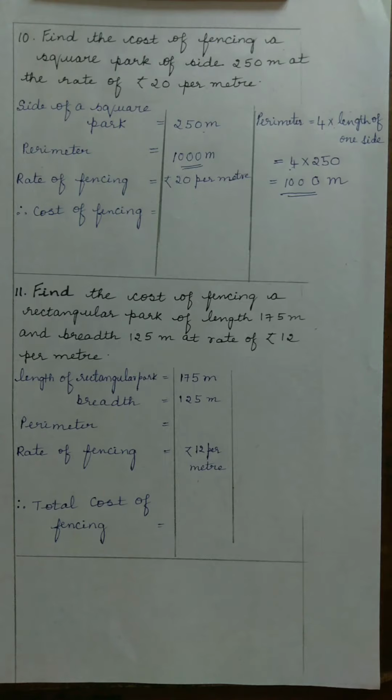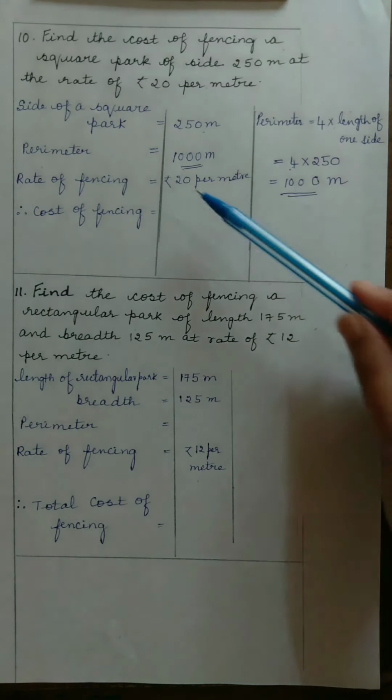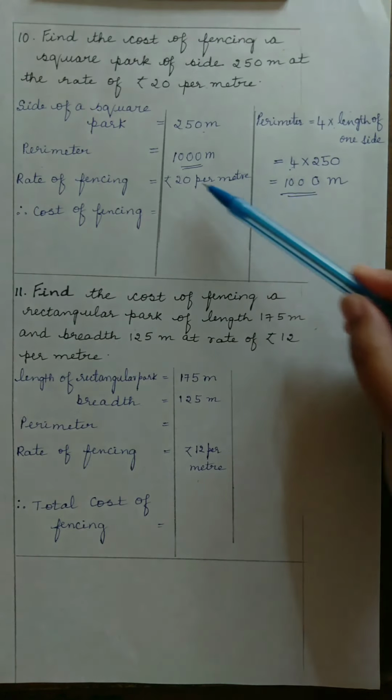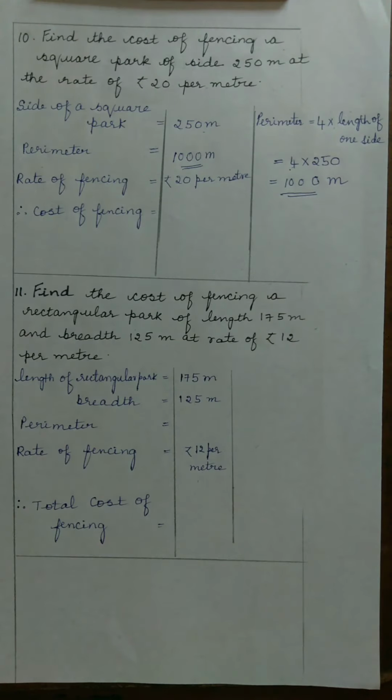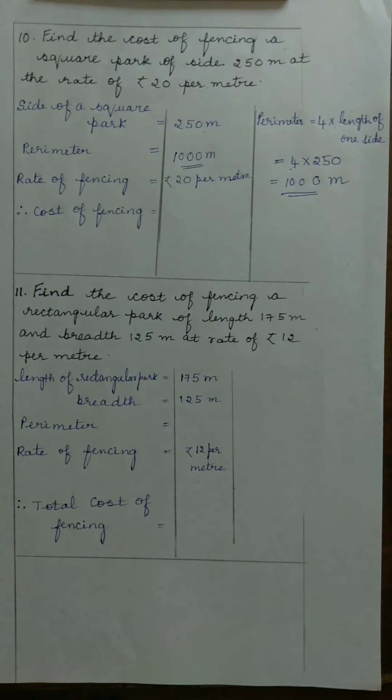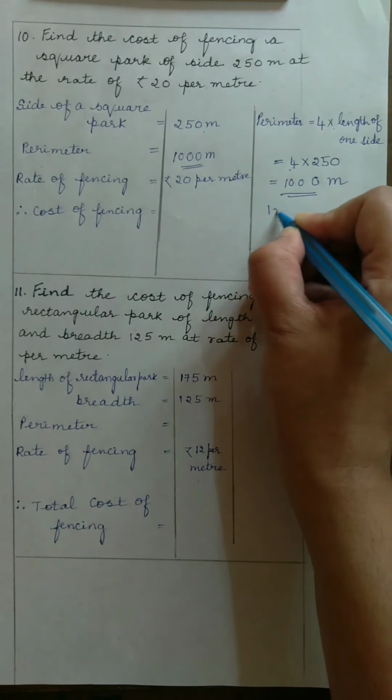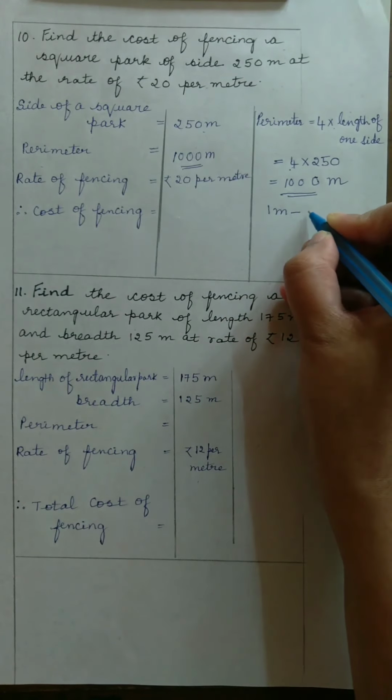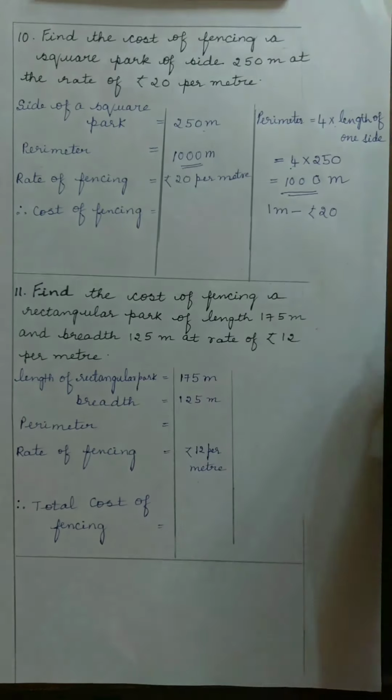Now, the rate of fencing is rupees 20 per meter. Per meter means, children, it is 1 meter. Therefore, now we have to find out the total cost of fencing. That means, children, for 1 meter the cost of fencing is rupees 20.